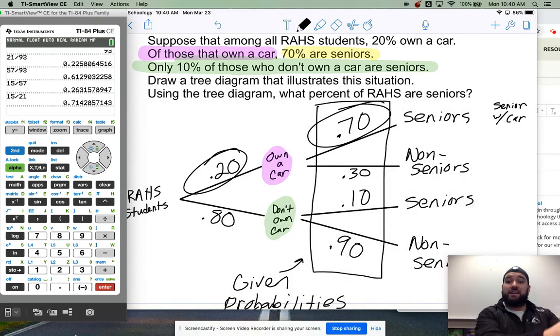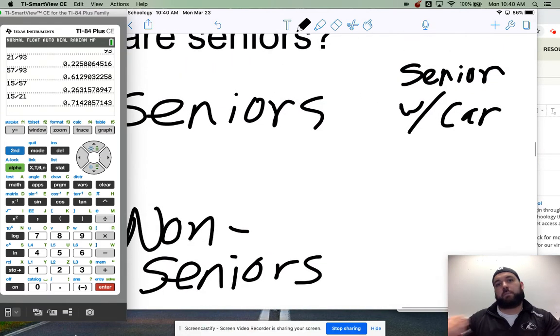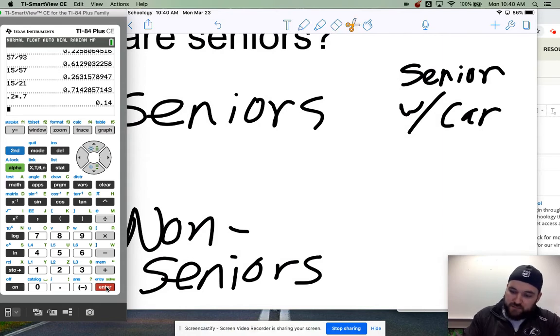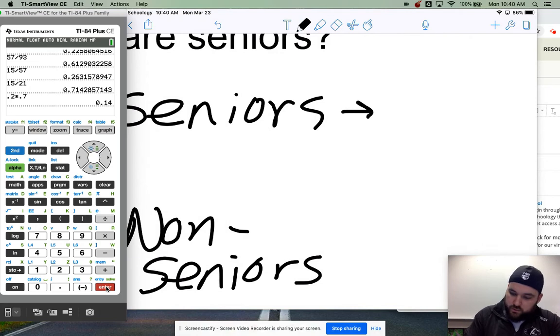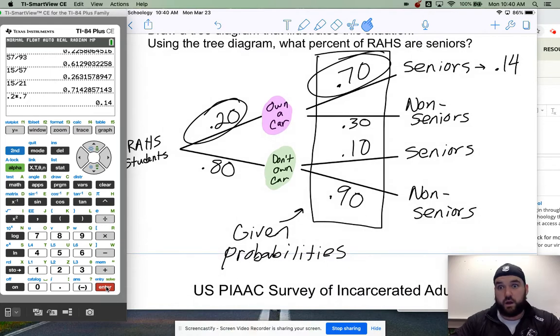Of those people, 70% are seniors. So I'm going to multiply 0.20 and 0.70 to give me what percentage of everyone would be a senior that owns a car. So 0.2 times 0.7 is 0.14, meaning 14%. So 14% are seniors with a car.